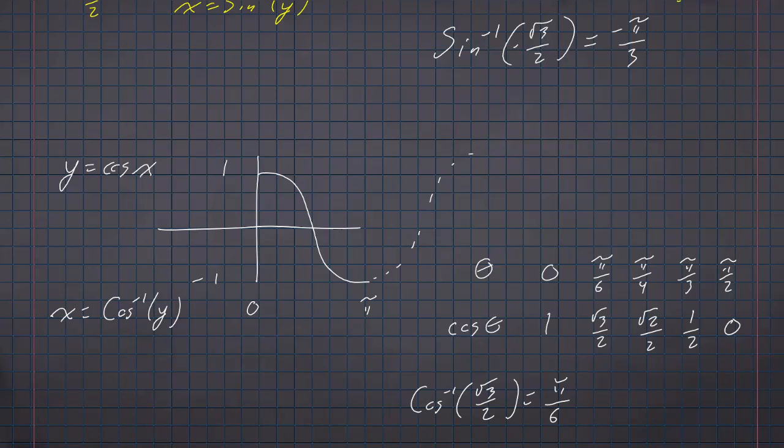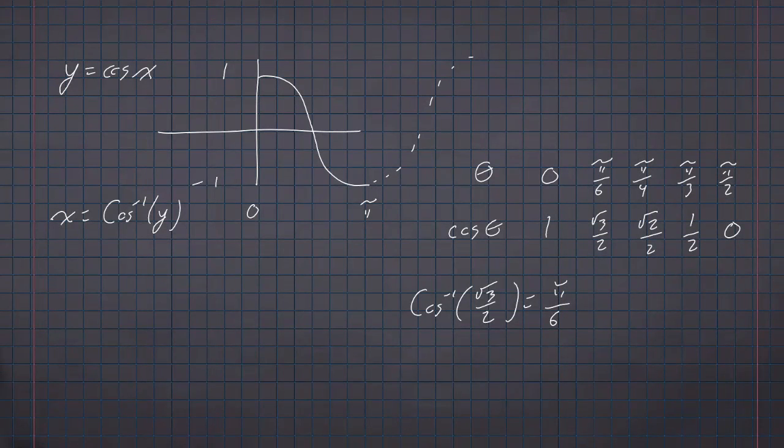And if we have a negative value, we have to do a little bit more work, but it's still well within the realm of possibility. If I want the inverse cosine of negative root 3 over 2, well, I know based on the cut that we've made for cosine, that that's going to be an angle somewhere between pi over 2 and pi, which means it's going to be an angle in the second quadrant, which is going to have a reference angle of pi over 6.